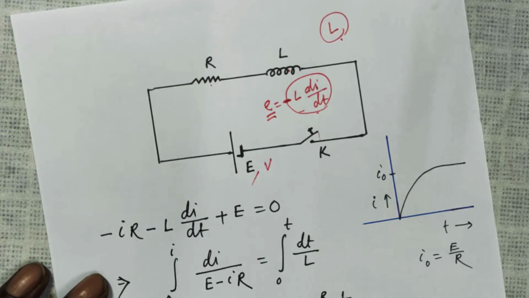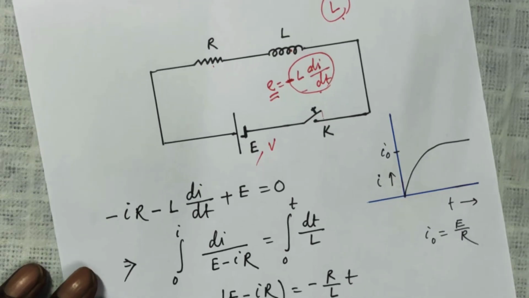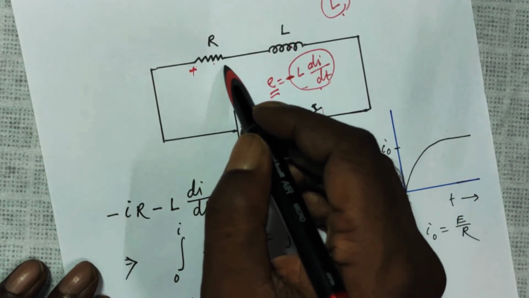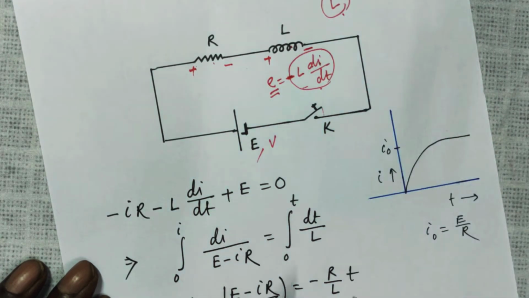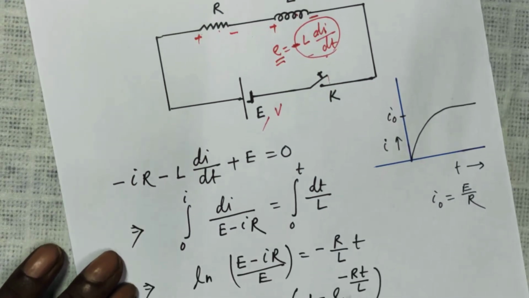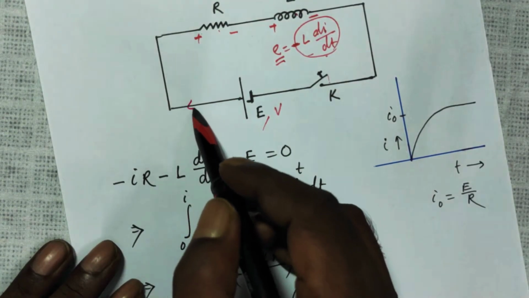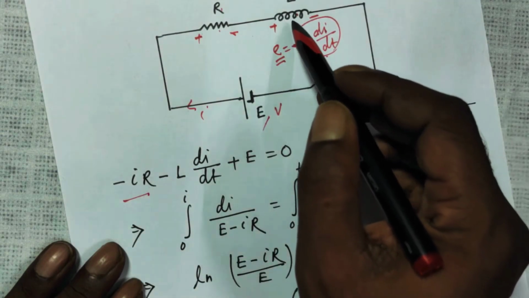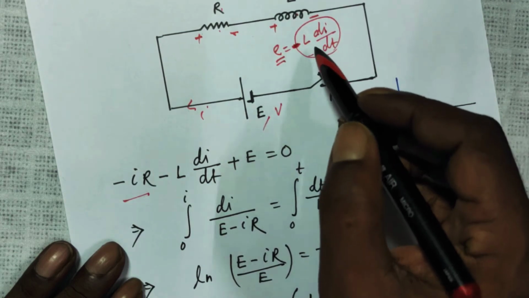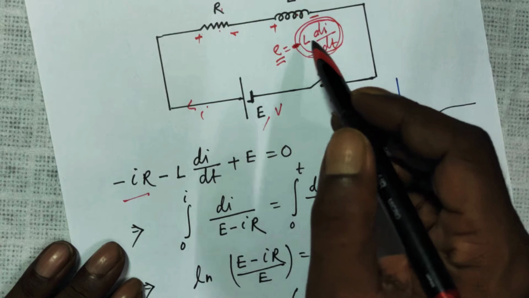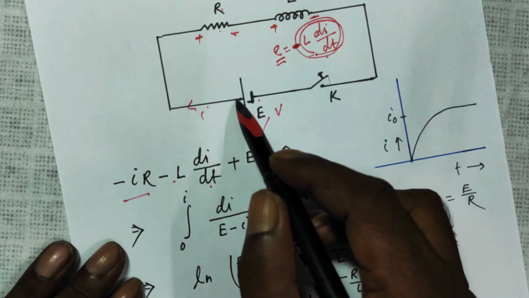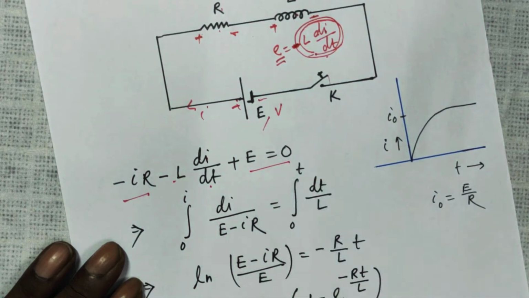Similarly, when the key is opened, the current starts decreasing, and then also it was opposing. For such a circuit, with the current entering from the plus side, the KVL, if the current was I, gives minus IR, then minus L di by dt, where the negative sign only indicates opposing but the value is L di by dt, plus to minus, minus L di by dt, minus to plus, so plus E equal to 0.